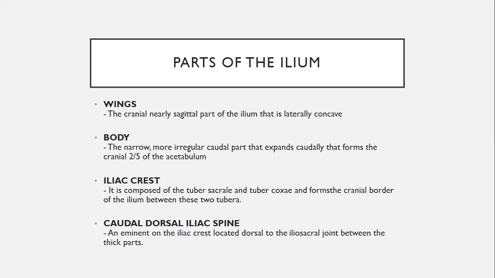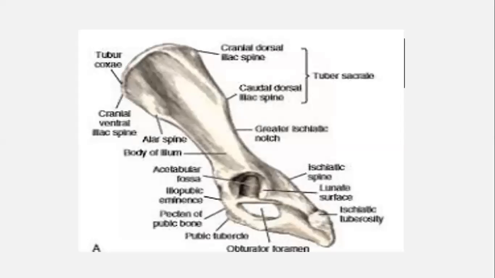Iliac crest: it is composed of the tuber sacrale and tuber coxae and forms the cranial border of the ilium between the 2 tubera. Caudal dorsal iliac spine is an eminence on the iliac crest located dorsal to the iliosacral joint between the thick parts. So you have here the tuber sacrale over here, which is the dorsal portion, and the tuber coxae is the ventral portion.